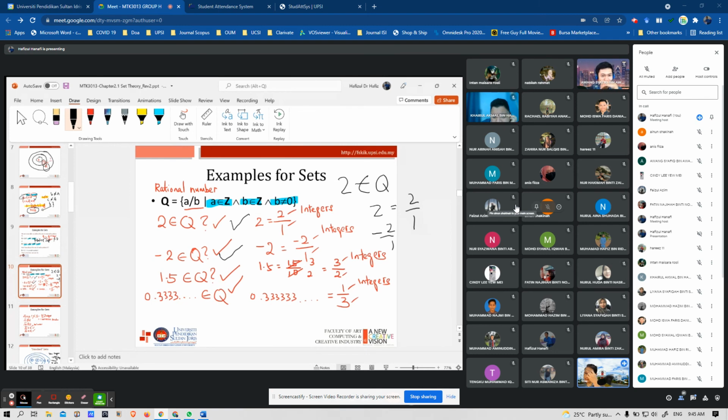Is 1.5 a rational number? Yes, because 1.5 we can write as 3 divided by 2. And is 0.33 a rational number? Yes, because it is 1 divided by 3. This one is an integer, and the denominator is also an integer.